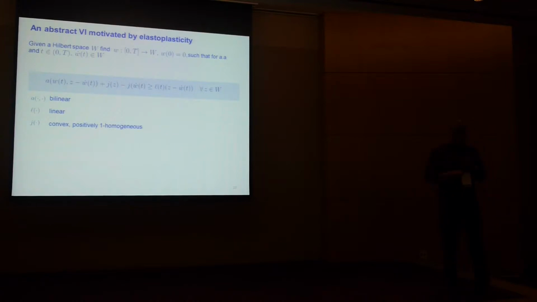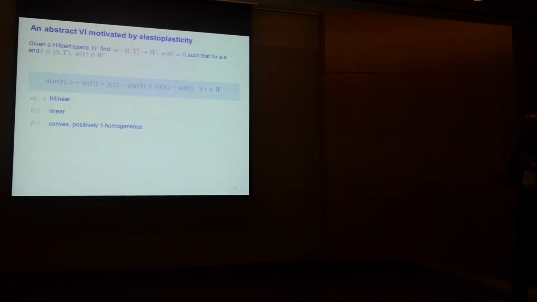For my main problem, which is that of elastoplasticity, the variation inequality takes a different form. It takes this form over here. I don't have that term in front that you saw a moment ago, but now what I have is instead of A of W, Z minus W, and so on, I've got a W dot there, okay? So, once again, I have a variation inequality in time, although I don't have the first derivative term that you would have in the heat equation, or the second derivative term that you have in elasticity.